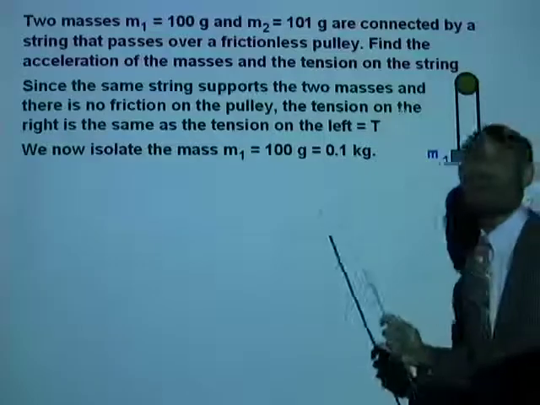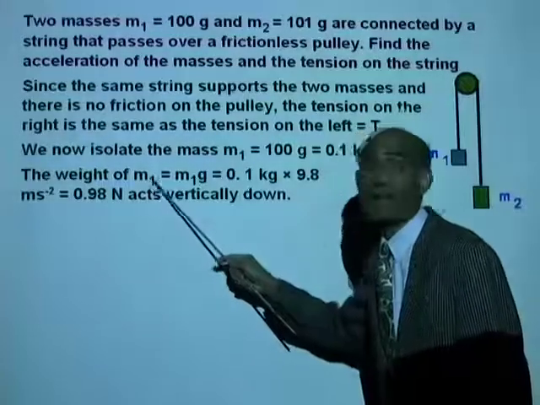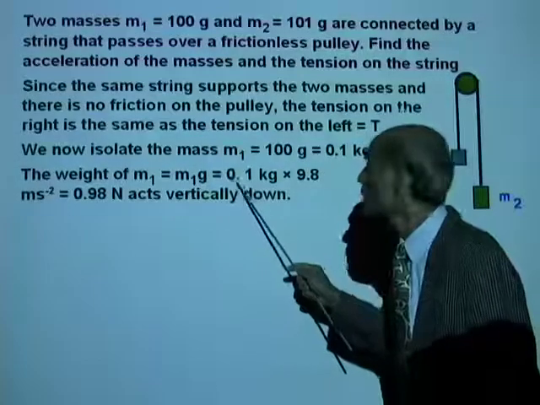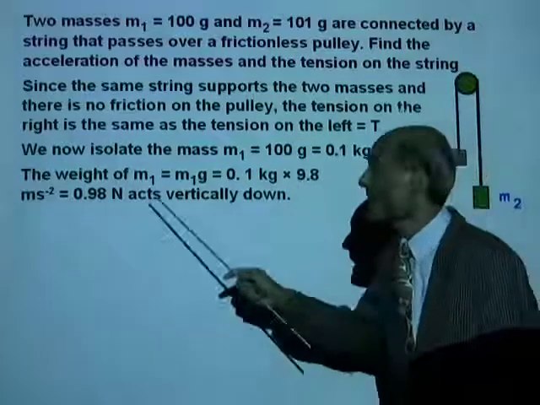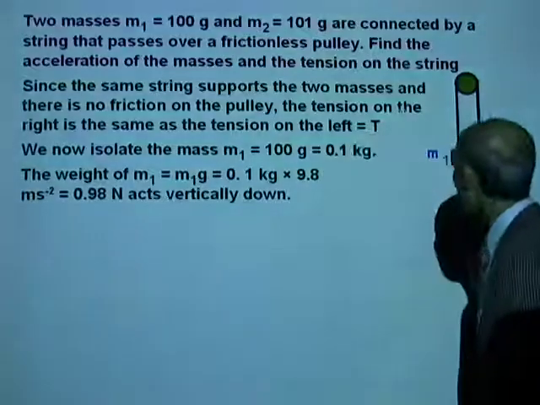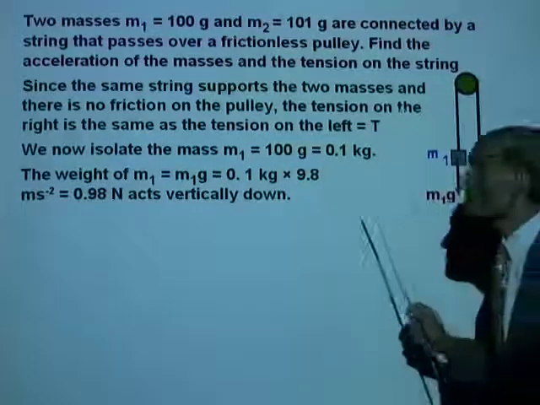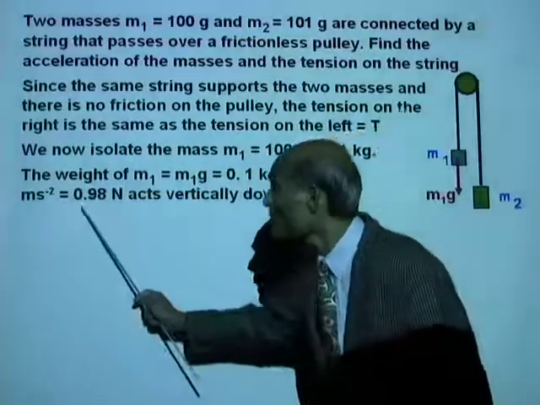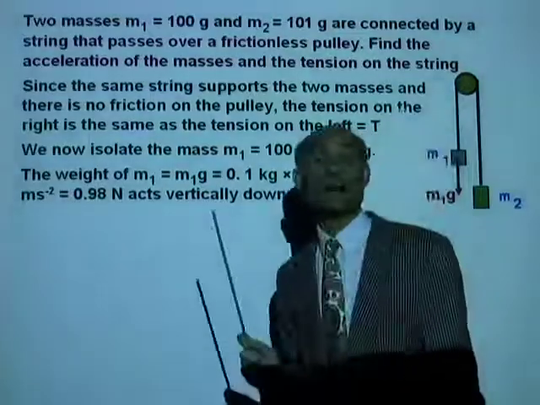M1 equal to 0.1 kilogram. The weight of M1 is M1 times G, that is 0.1 kilogram times 9.8, that is 0.98 Newton, acting vertically down. So M1G, the weight of that first mass, which is 0.98 Newton, is acting vertically down.